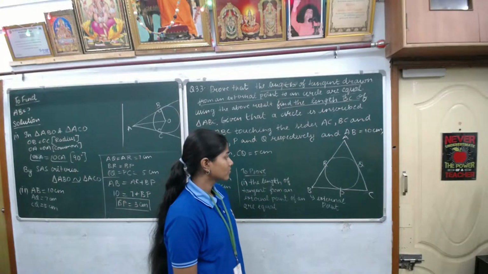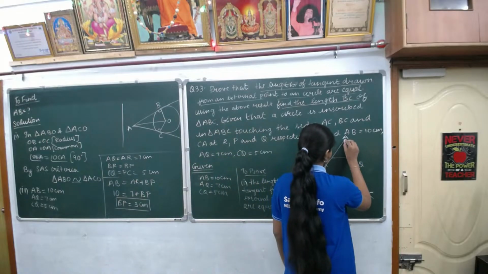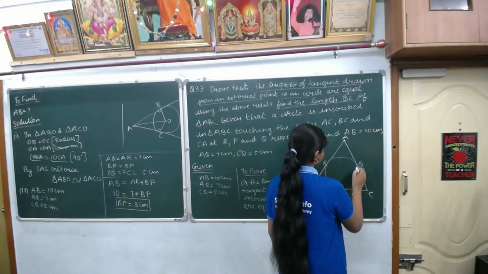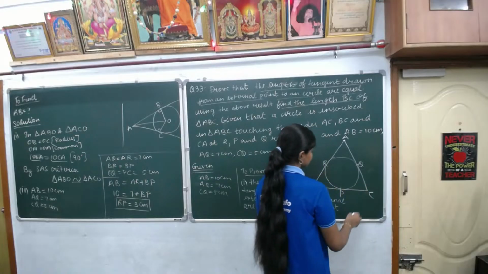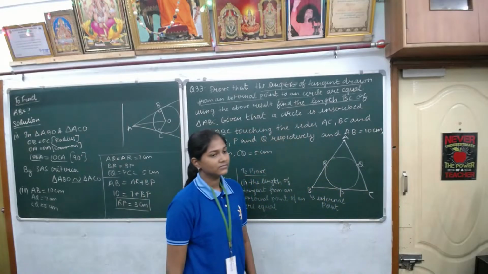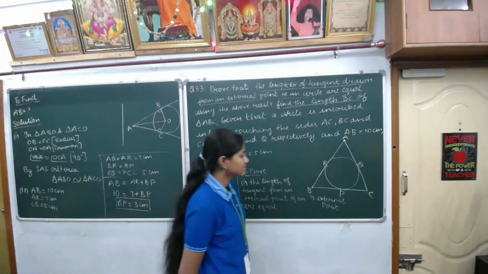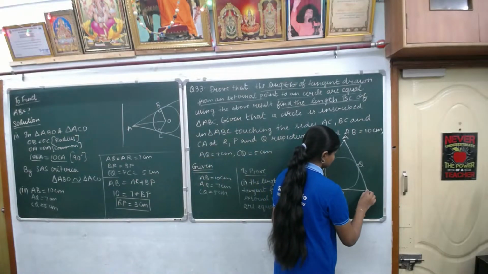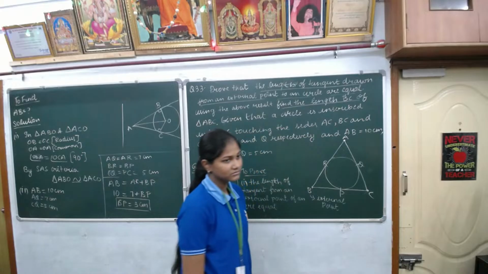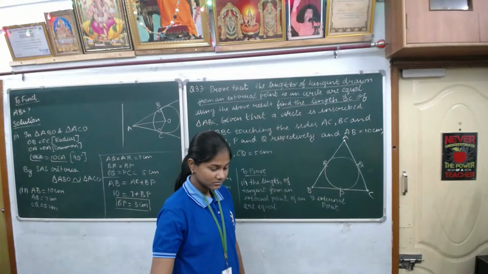Similarly, you have another external point A. And R and Q are the points of contact on the circle. Similarly, C is the external point. So there are three external points. So you can indicate that one also. So what are those three external points?